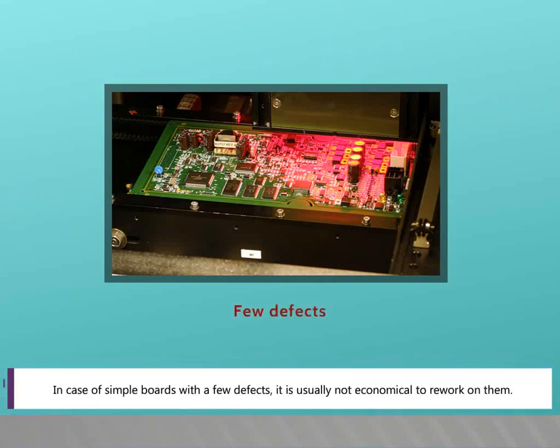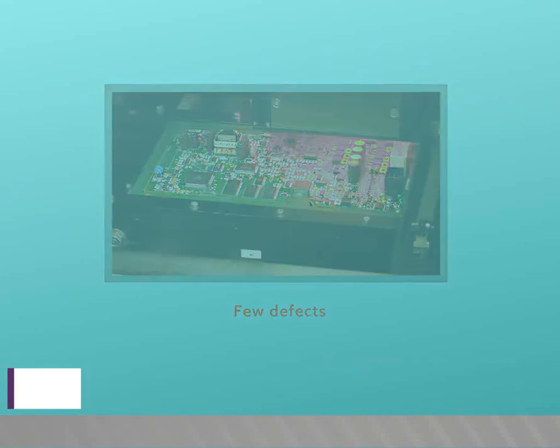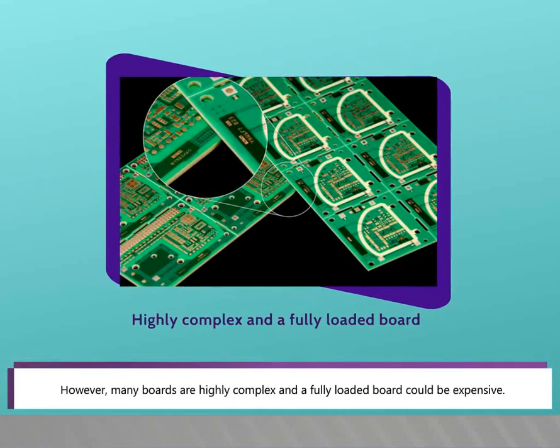In case of simple boards with a few defects, it is usually not economical to work on them. However, many boards are highly complex and a fully loaded board could be expensive.